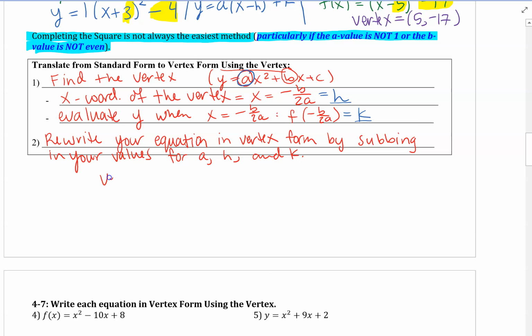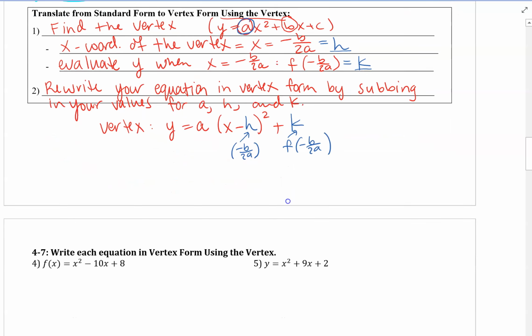Now remember, vertex form is the one where you have a out in front, you've got your parentheses squared, h goes inside the parentheses with x, it comes after a subtraction sign, and then you're adding k at the end. So once you find h and k from negative b over 2a and f of negative b over 2a, you just go ahead and plug those numbers in to your vertex formula.